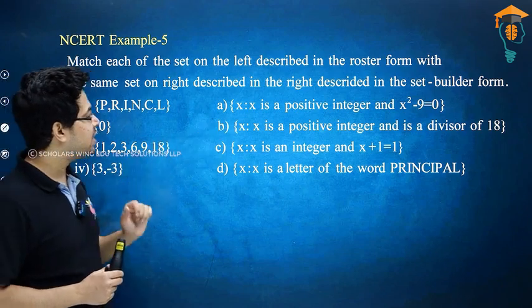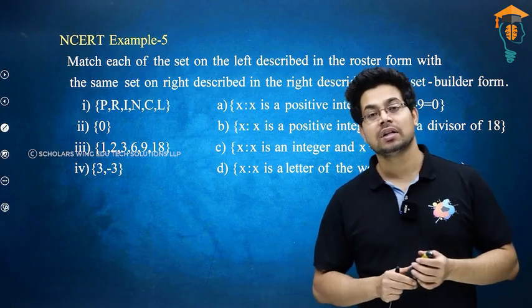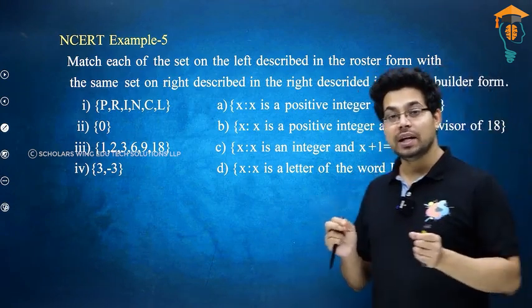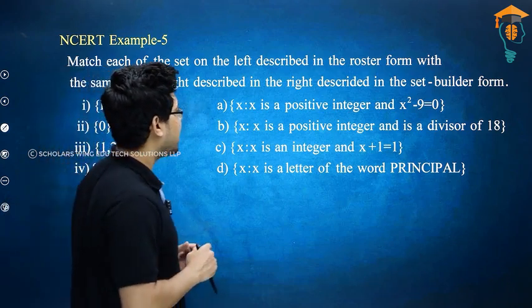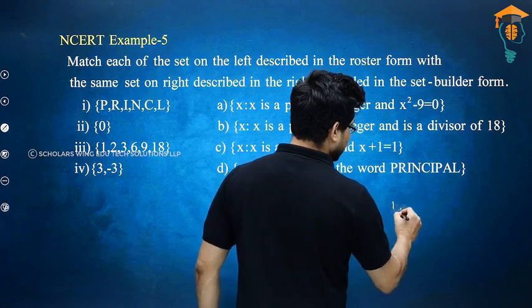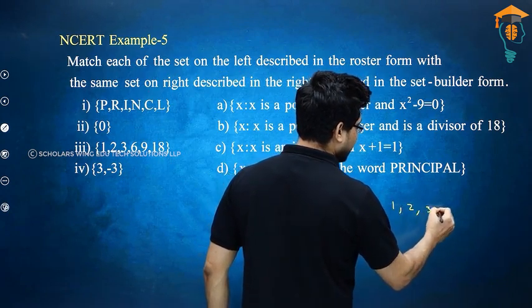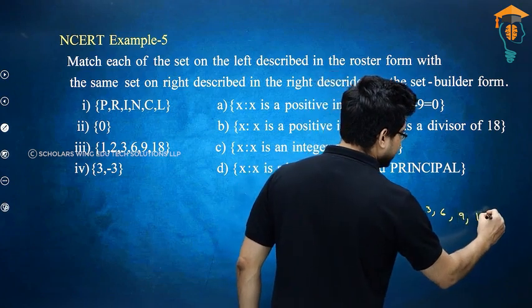Now let's talk about the second one. X is a positive integer and is a divisor of 18. That means all the factors of 18, right? And it should be positive. So positive integer and it is a divisor of 18. So what are the factors of 18? 1, 2, 3, 6, 9. What else? 18 itself.